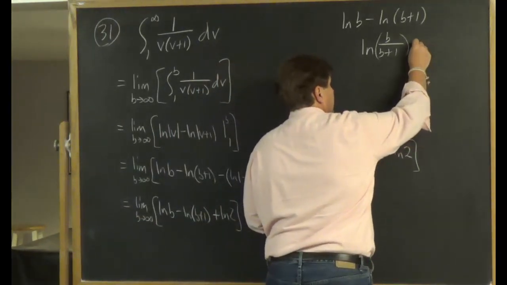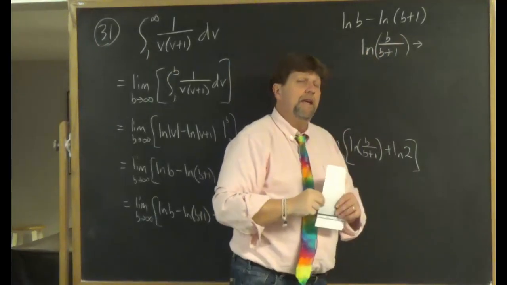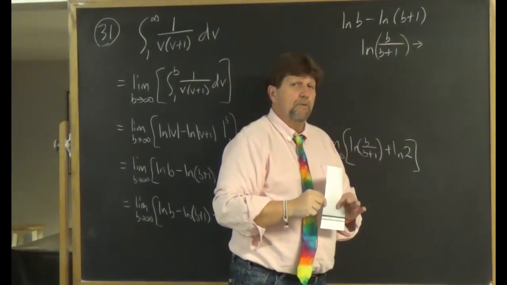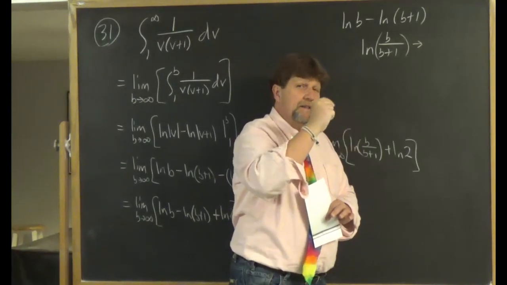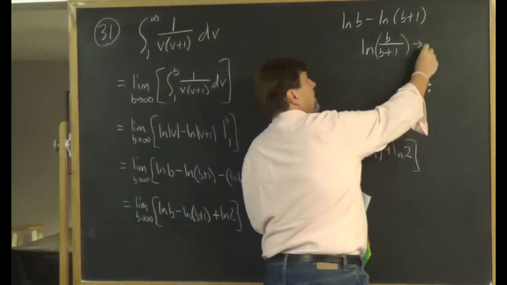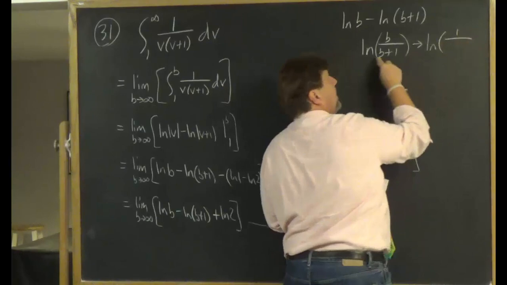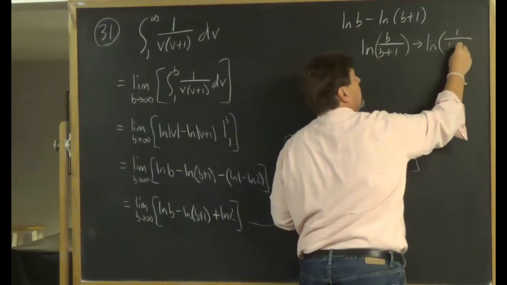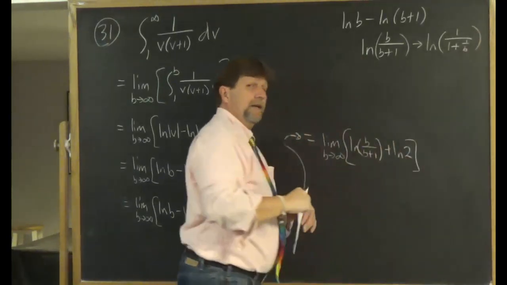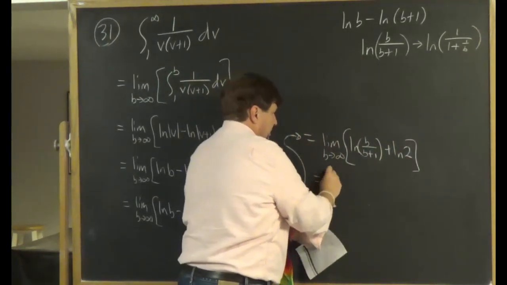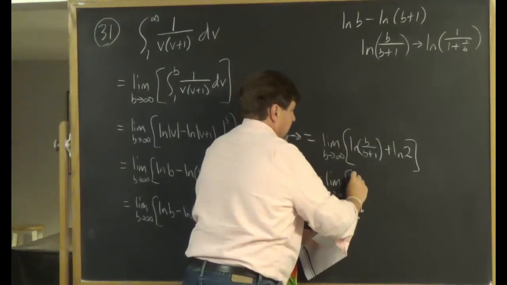If I look at the fraction, b over b plus 1, I can divide everything in the numerator by b, and I can divide everything in the denominator by b. b divided by b is 1. b divided by b is 1. 1 divided by b is 1 over b. I think that now helps me tremendously.